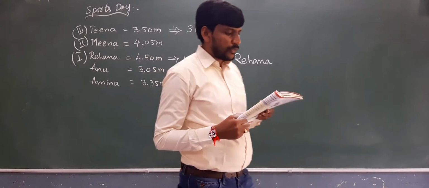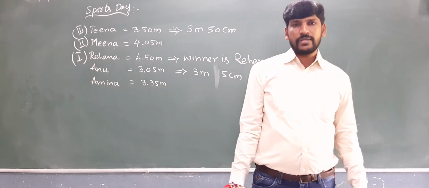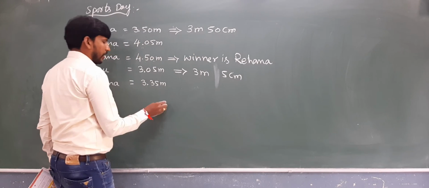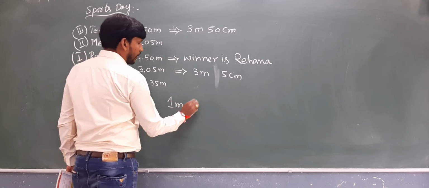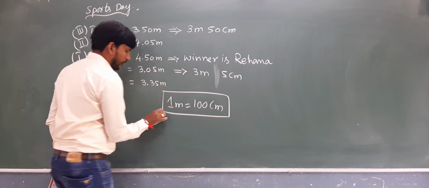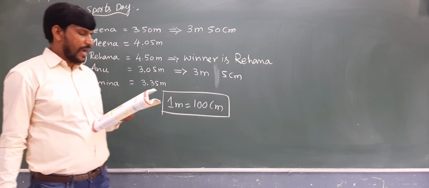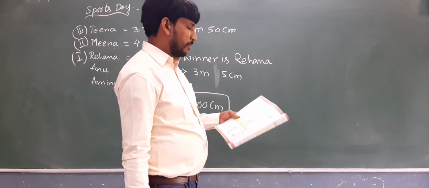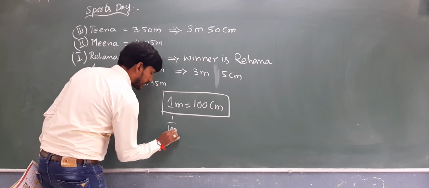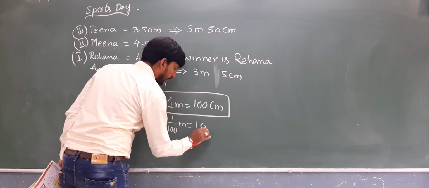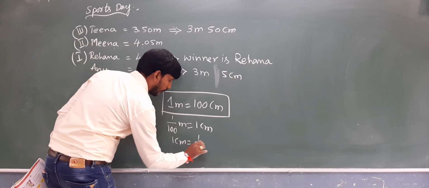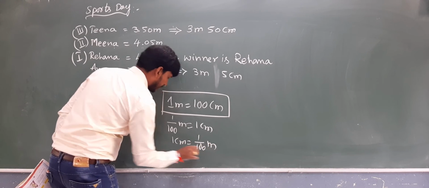Now, do you remember that 1 meter equals 100 centimeters? 1 meter equals 100 centimeters. You have to remember that. This is your conversion. So 1 centimeter is equal to 1 by 100 meter. Or you can write it in order: 1 centimeter equals 1 by 100 meters.